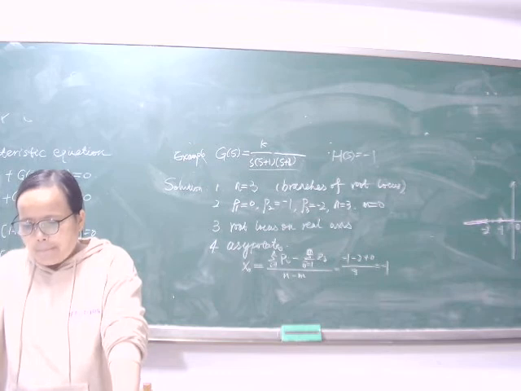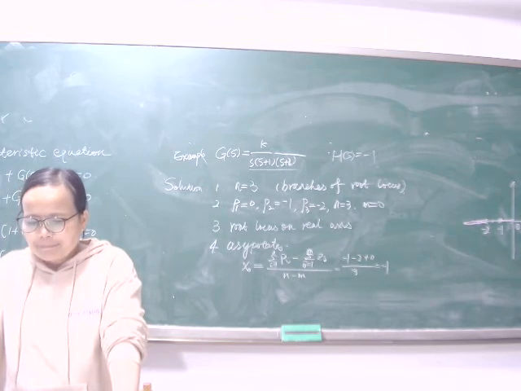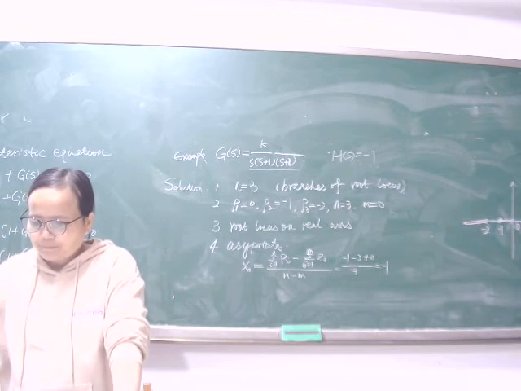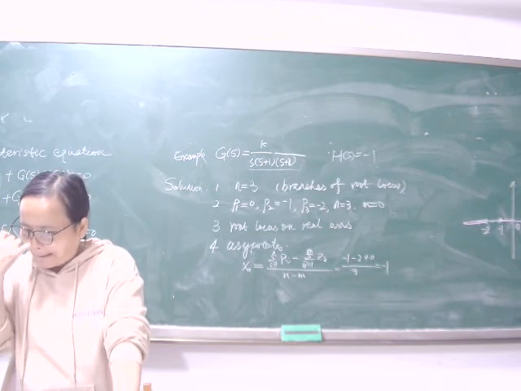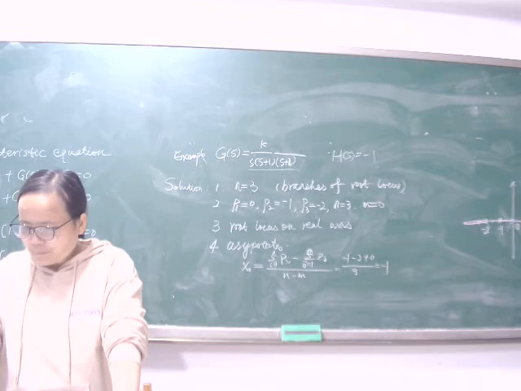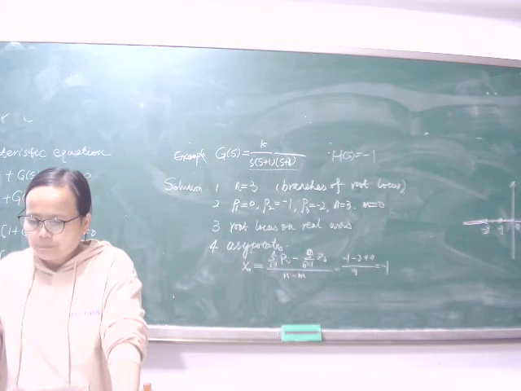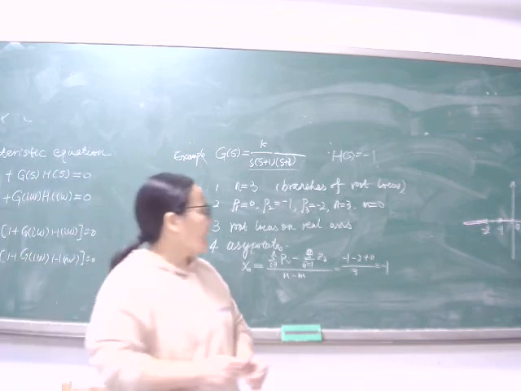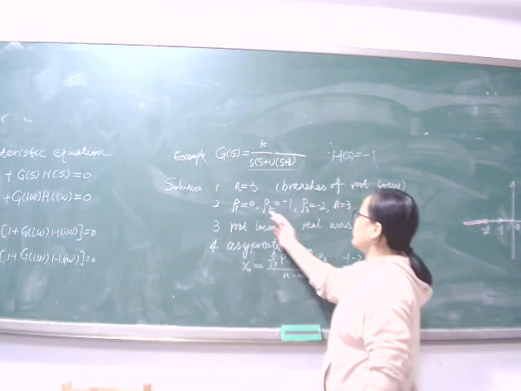Here n minus m. M is the number of zeros, and n is the number of poles.